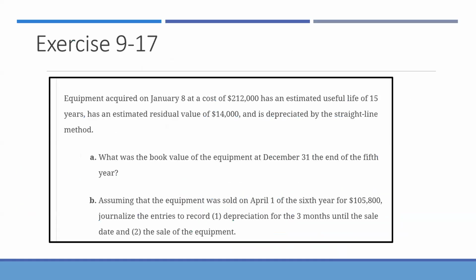And so equipment acquired on January 8th has a net cost of $212,000 and an estimated useful life of 15 years with a residual value of 14,000, using the straight line method. What was the book value of equipment at the end of the 5th year? And then assuming it was sold April 1st of the following year, what would be the journal entry for the equipment?